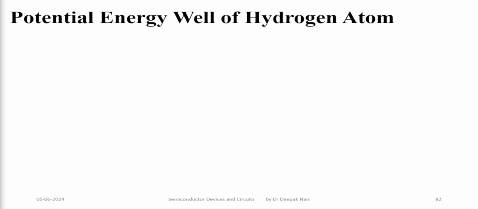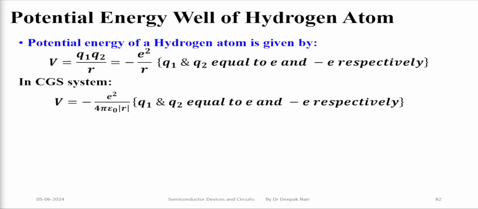If you go through the previous lecture, you can see we have derived the potential energy of the hydrogen atom, and that potential energy is given by capital V, which is equal to the multiplication of e and minus e divided by the distance r, which is equal to minus e square upon r.